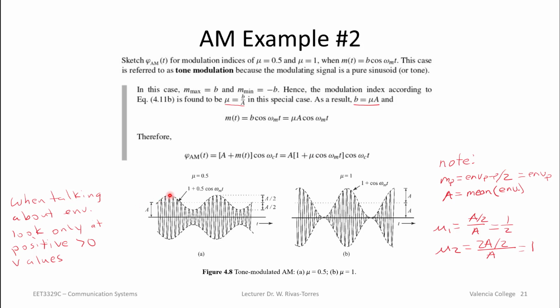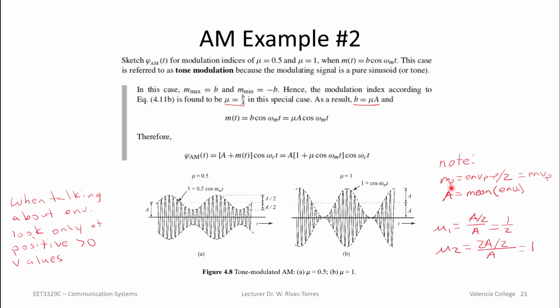When cosine of this whole thing is 1, that's this value. When cosine of this whole thing is minus 1, that's what this value should be. So you're going to have 1, and if mu is 0.5, 1 minus 0.5, then that's 0.5 down here, okay? Now notice that the author did everything in terms of A.